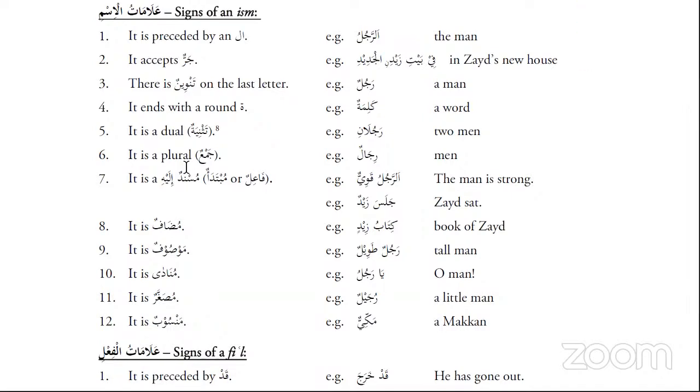It accepts jar: fi baiti zaidin al-jadidi. So it has a harf jar, fi, in the house of Zaid, the new one.